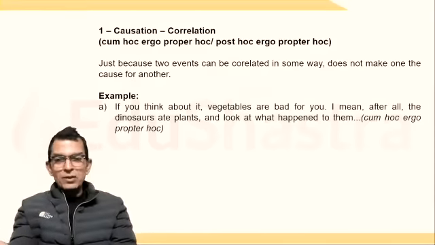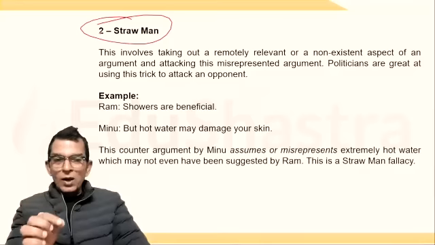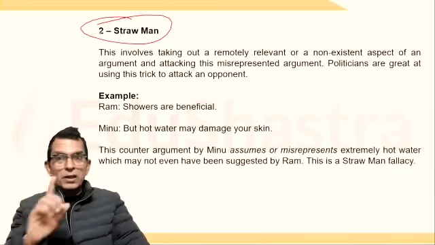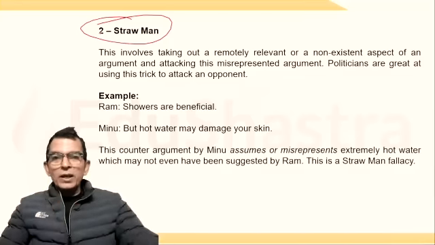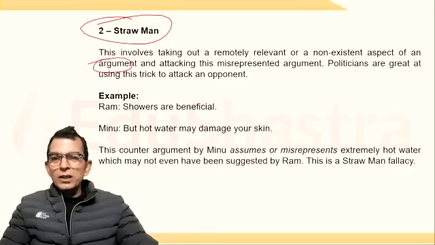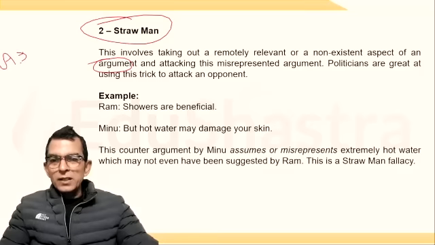This one, the second fallacy, straw man. What is a straw man, sir? This involves taking out a remotely relevant or a non-existent aspect of an argument, not the person or anything. Somebody is making an argument. Suppose A is saying something.